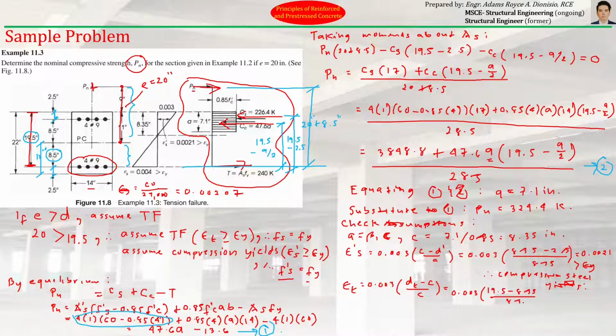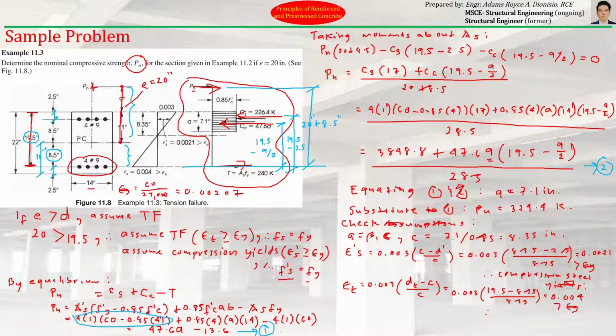Let's check. 0.003 times 19.5 minus 8.35 over 8.35. So that is equal to 0.004, which is greater than strain Y. So therefore, verified then, tension steel yields.